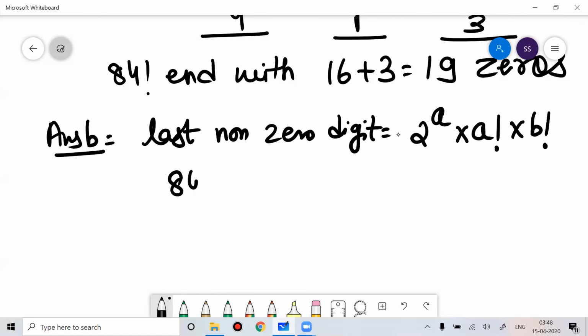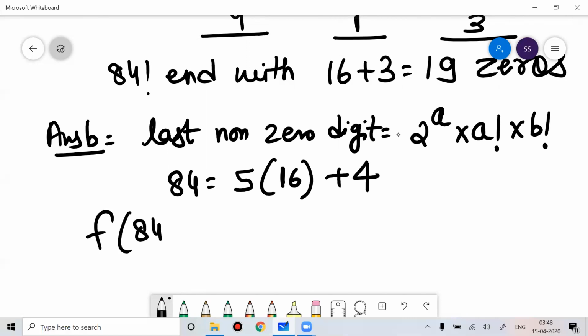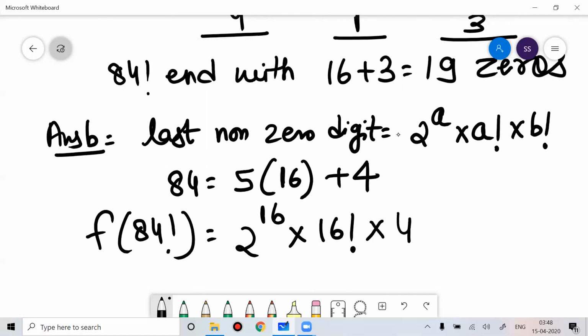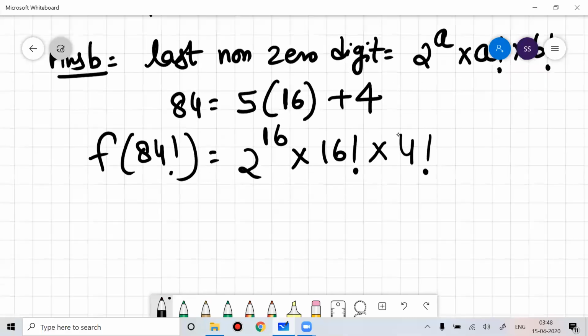So you can write 84 as 5 into 16 plus 4, 5 into 16 is 80 plus 4. So you know the formula: 2 to the power 16, where 16 is the quotient, into 16 factorial into 4 factorial.